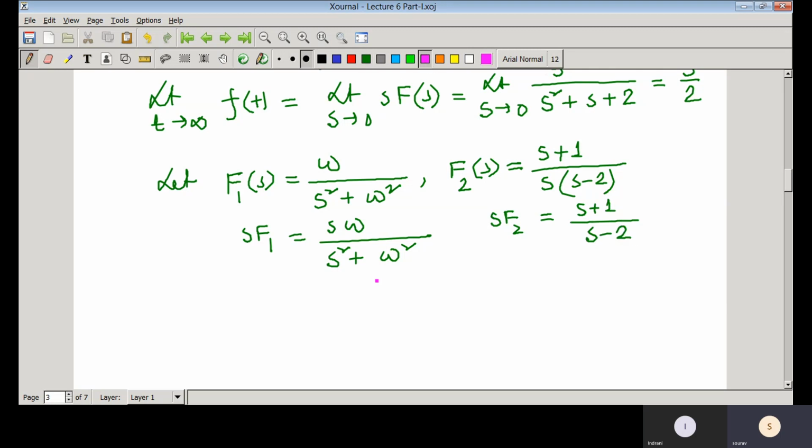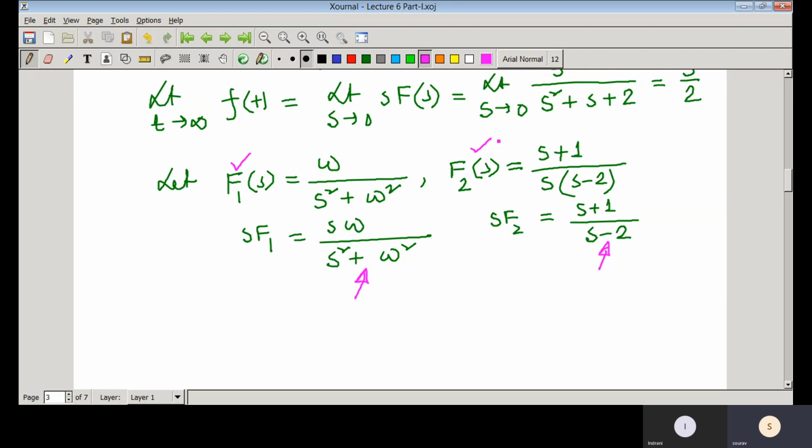So you can see that this function has two poles on the imaginary axis, plus minus j omega, and here it has a pole at 2. That means this pole lies in the right half of the s plane. So both the functions F1(s) and F2(s) are not analytic.